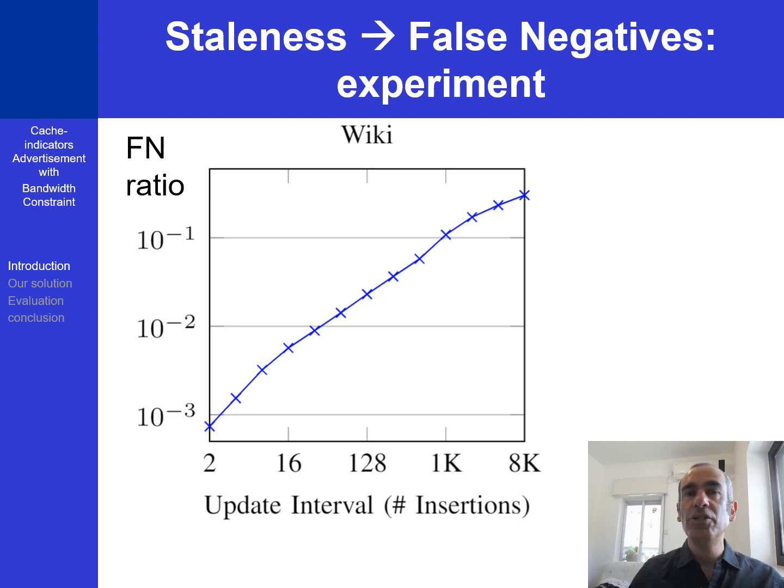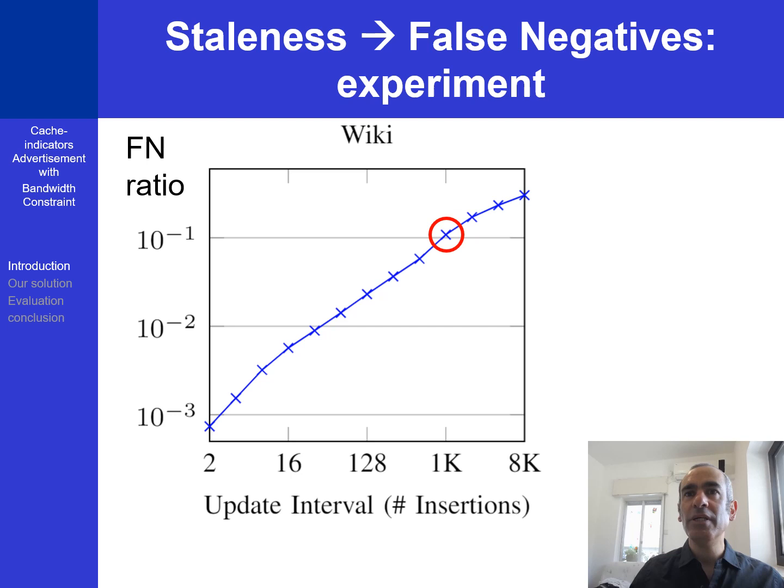This figure shows the false negative ratio as a function of the update interval, namely the number of insertions of new items into the cache between subsequent updates or advertisements of a fresh indicator. Observe that both axes are logarithmic.